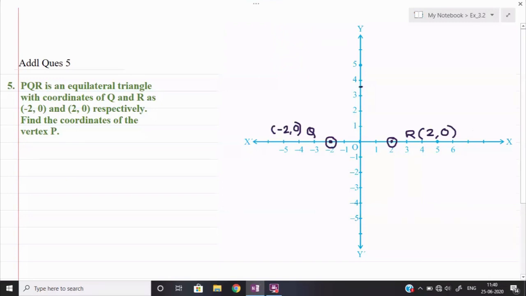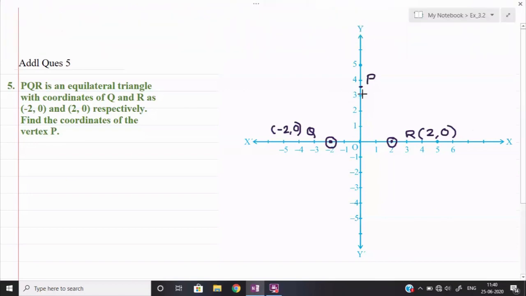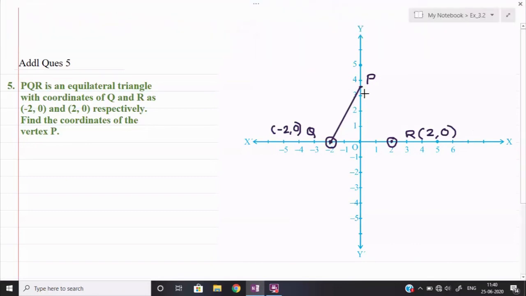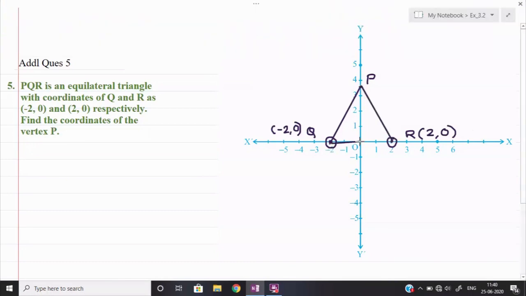I don't know where P lies, but suppose I take P at this place, and then join P to Q and P to R. Q to R is already on the line, so we can join that also.